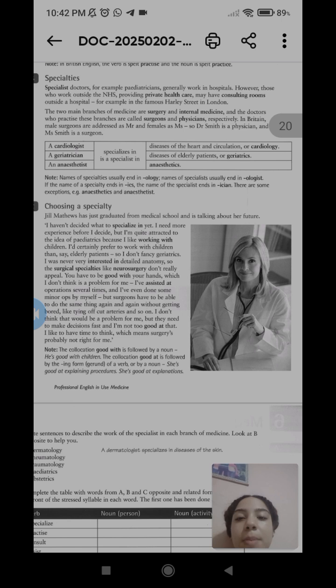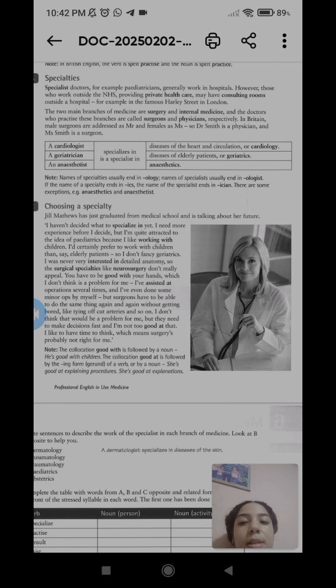Specialist doctors, for example a paediatrician, generally work in a hospital. The doctors who practise these branches are called surgeons and physicians.